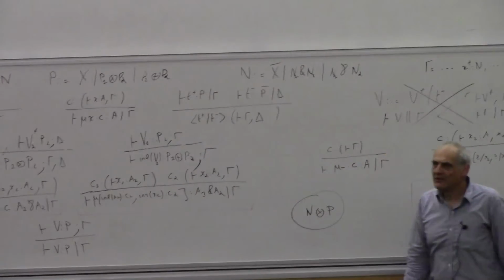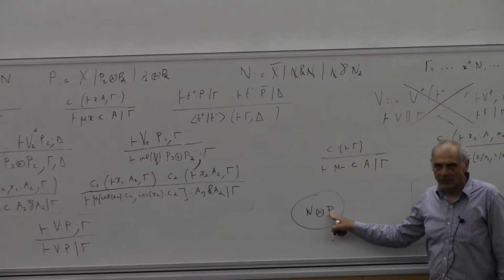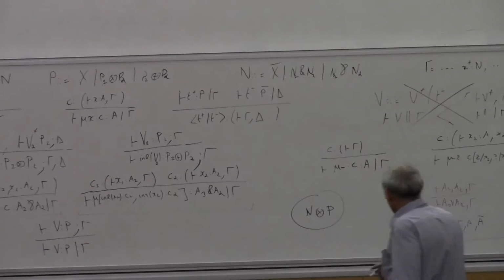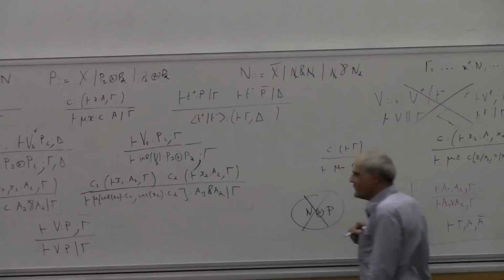I still want to maintain the possibility to do the tensor of a negative and a positive. But I want to do this with explicit signs. So actually, in order to account for this, I will not do this.